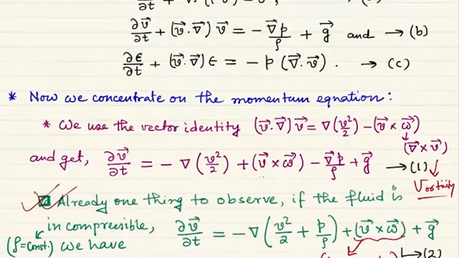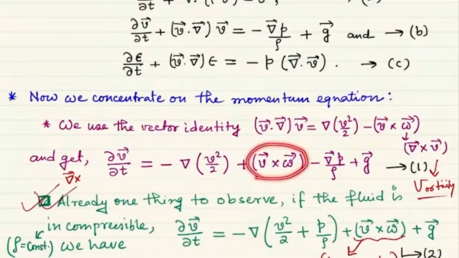Curl is like a partial space operator, so it will always commute with the partial time operator, because space and time do not explicitly depend on each other. So del t and curl will be interchanging. Then curl on this term will vanish because curl of a gradient is 0.